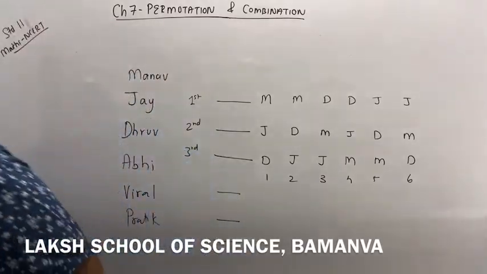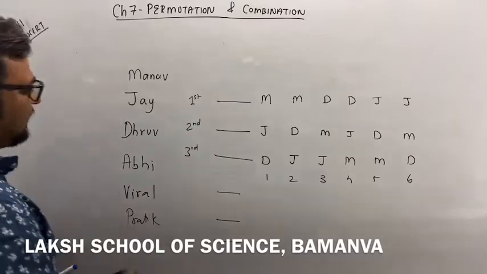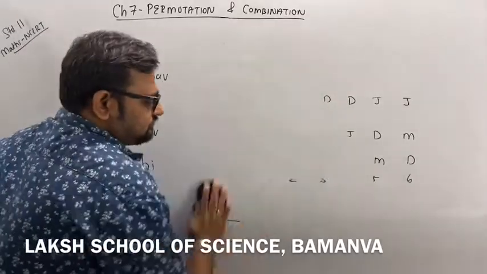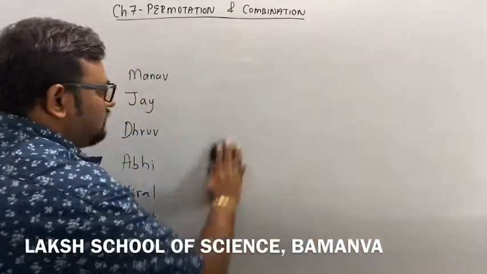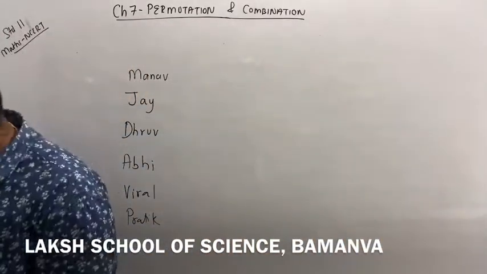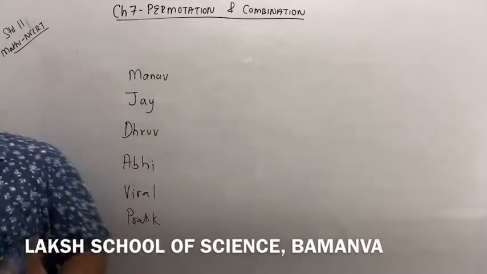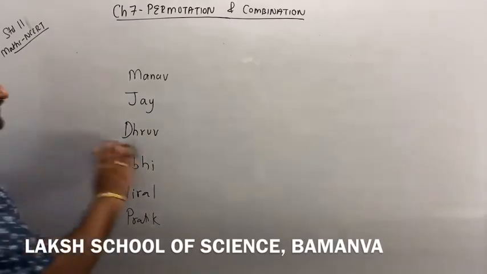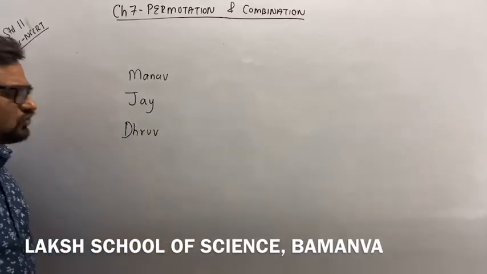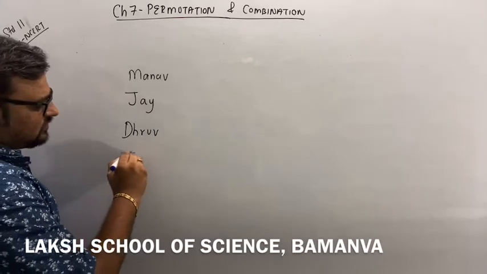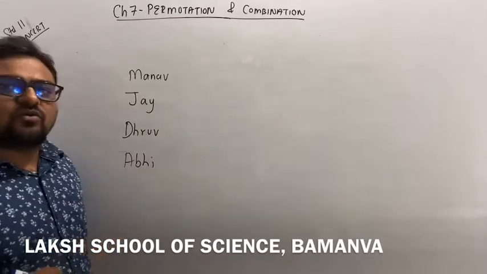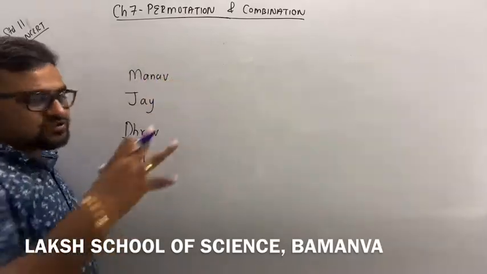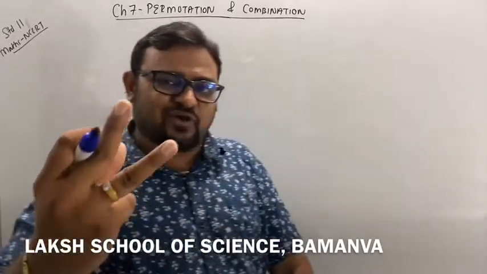Now let's take one more example. Again, there are four students, Manav, Jay, Dhruv, Abhi. Now you have to select two students as your friends.